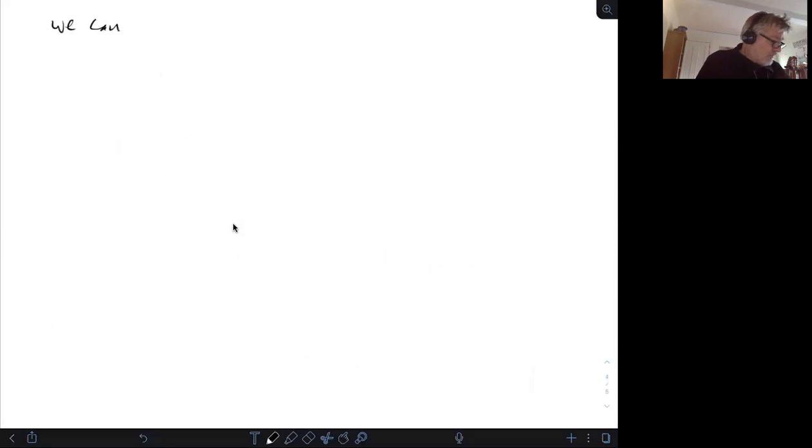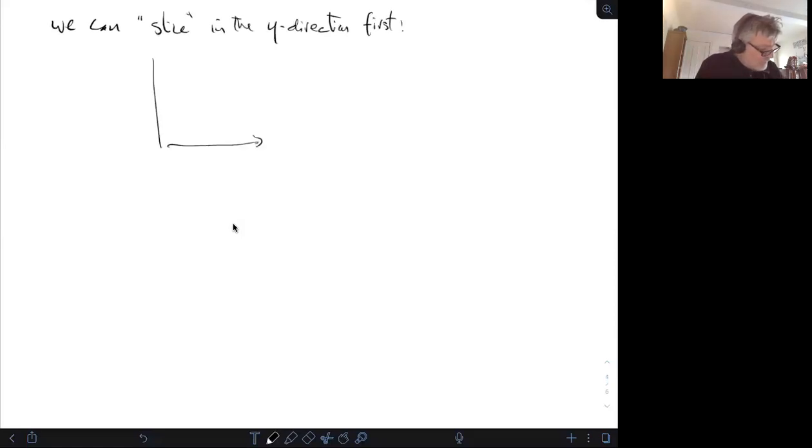What I want to show you is what happens if you slice in the other direction first. So we can slice in the y direction first. Again, I have x, y, and my rectangle like this.